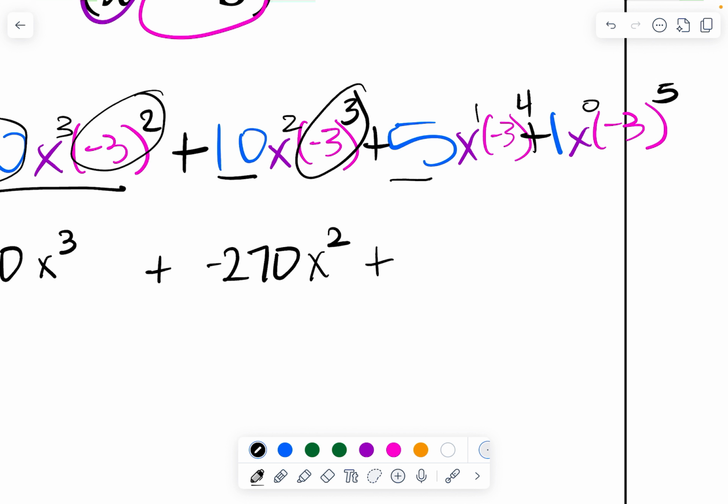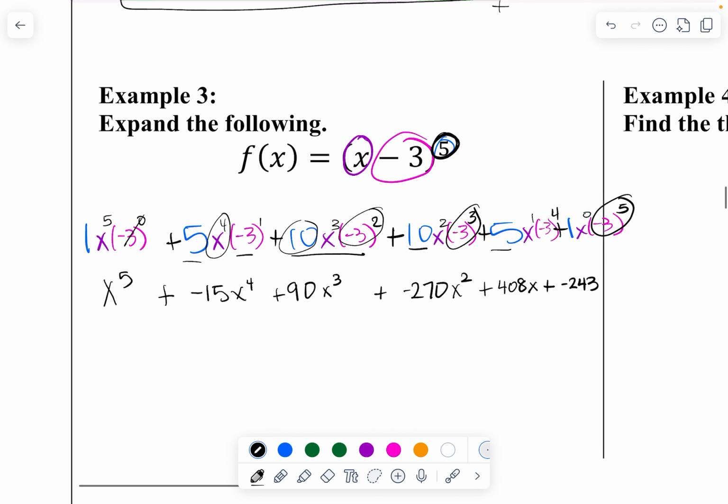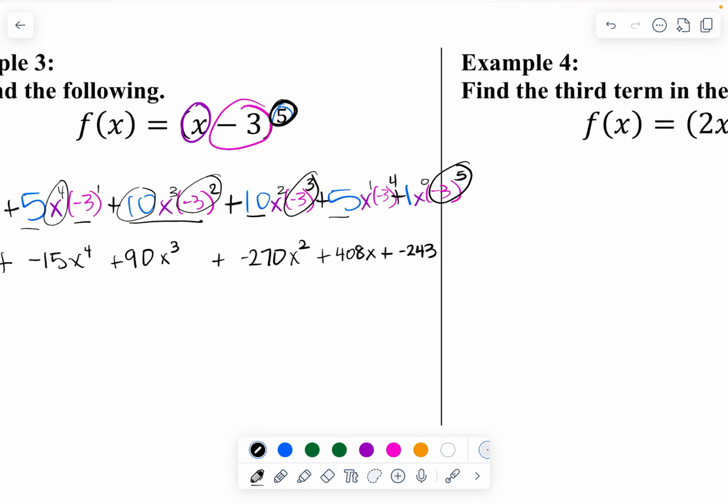Plus, and then 5 times negative 3 to the 4th, that's going to be a positive what? 81 times 5. Let's see, 81 times 5 is going to give us 405 times x to the 1 plus, and then negative 3 to the 5th power is negative 243. So that's how we can expand out something to the 5th power.